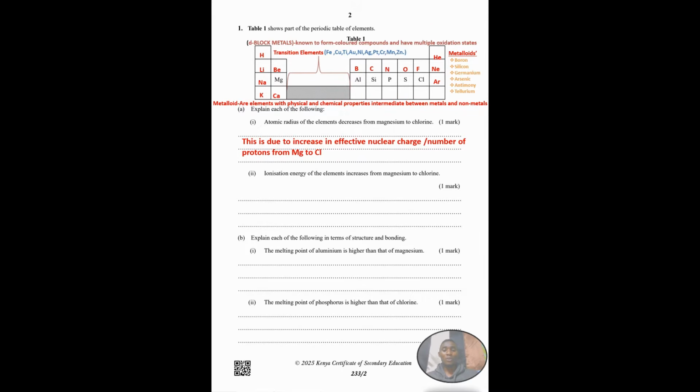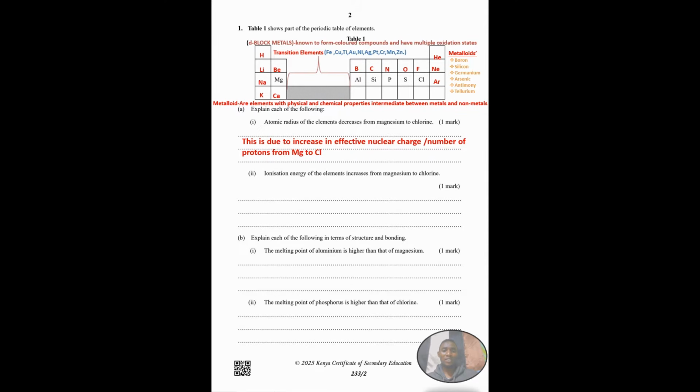So, looking at magnesium with 2, 8, 2, aluminium 2, 8, 3, silicon 2, 8, 4, phosphorus 2, 8, 5, sulfur 2, 8, 6, chlorine 2, 8, 7, you realize that the ionization energy of elements will increase from magnesium to chlorine. It is easier for magnesium to lose its 2 outermost electrons as compared to aluminium losing its 3 outermost electrons.